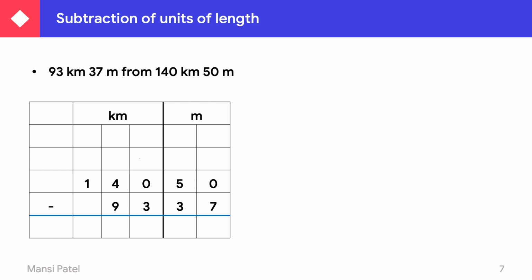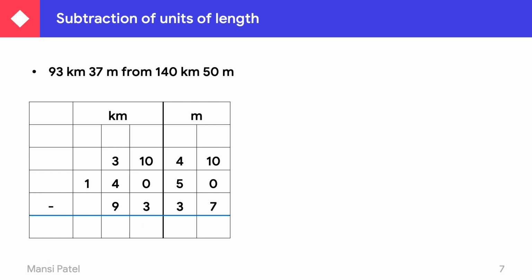Now do the subtraction. 0 minus 7, is it possible? Not possible. So we borrow from 5. So 0 becomes 10, 5 becomes 4. Then again 0 minus 3, is it possible? Not possible. So 0 becomes 10 again and 4 becomes 3.